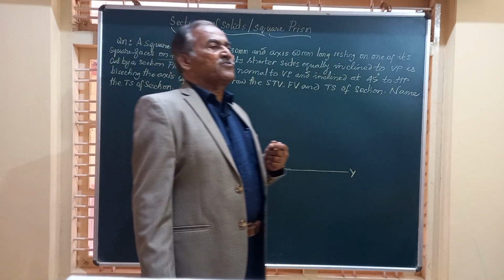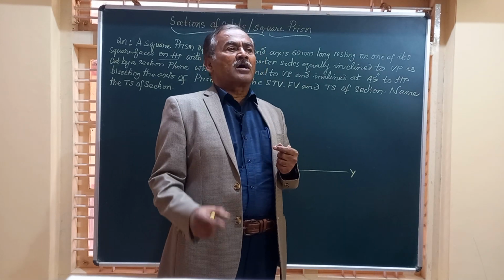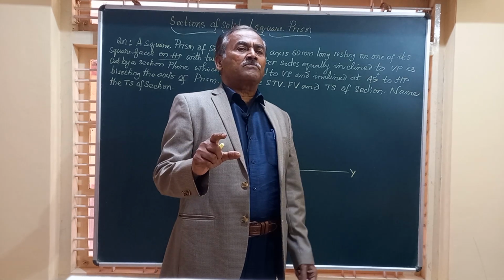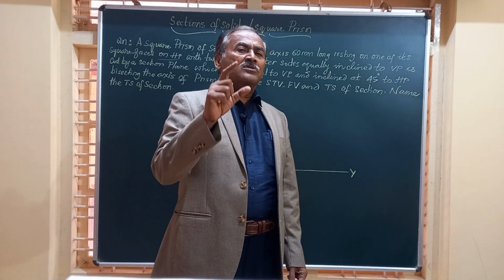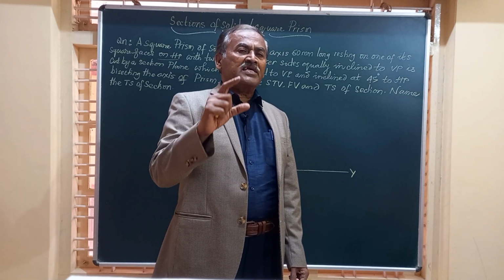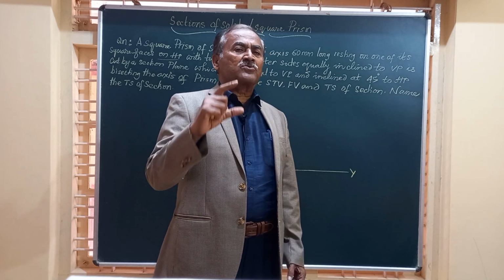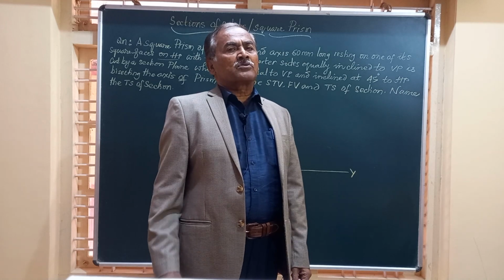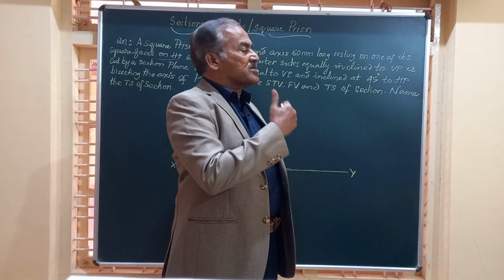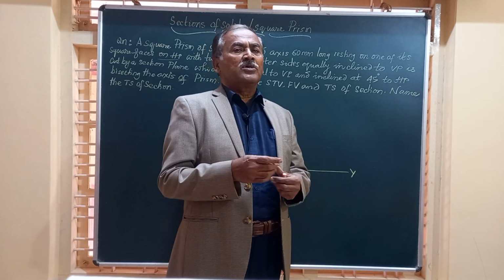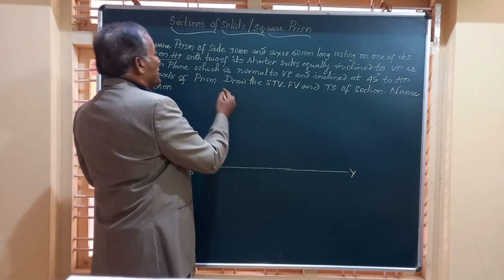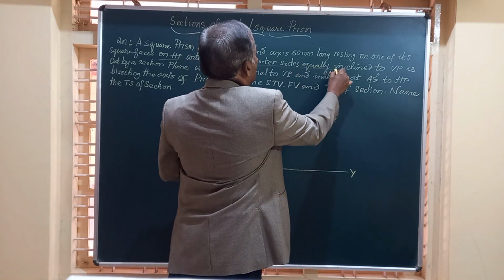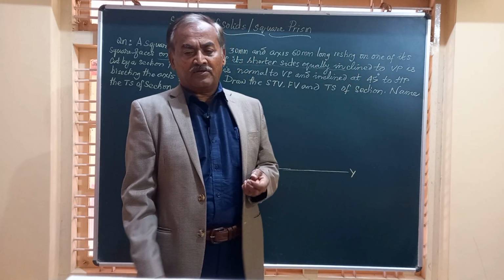Friends, before we commence the problem, I advise you students to go through the problem twice, very slowly, analyze the contents of the question, and then only start working out the problem. So, in the initial stage, you have this square prism which is placed on HP with two of its shorter sides equally inclined to VP.